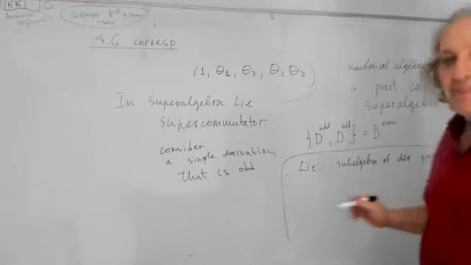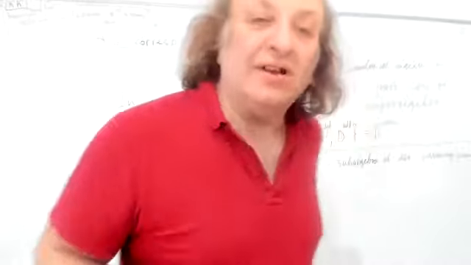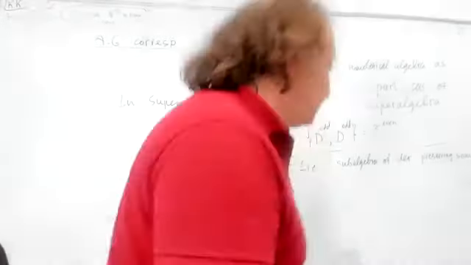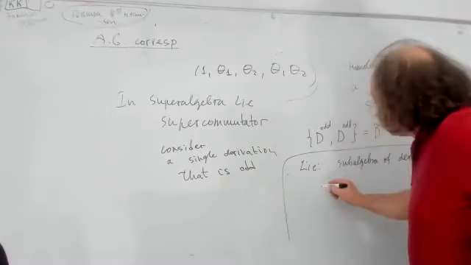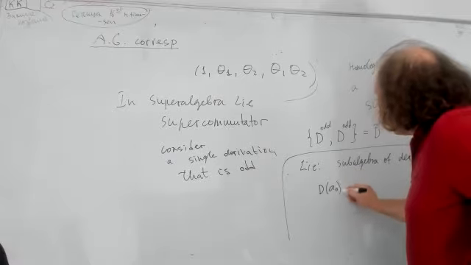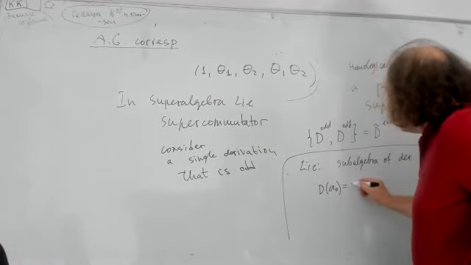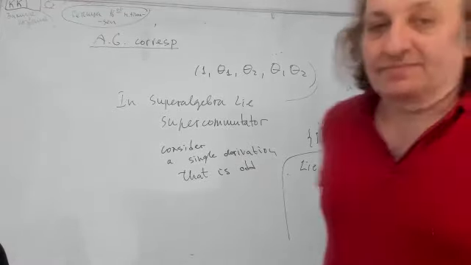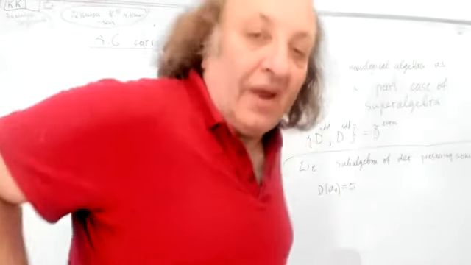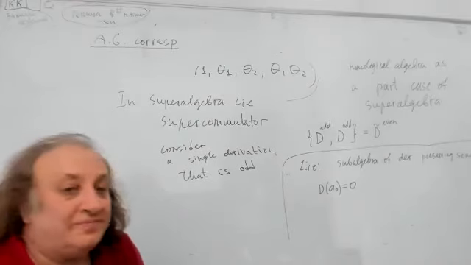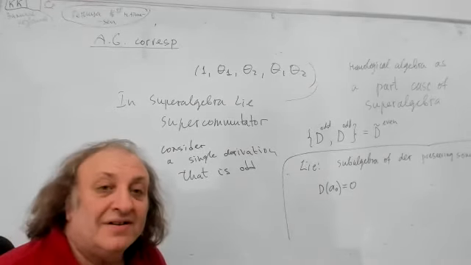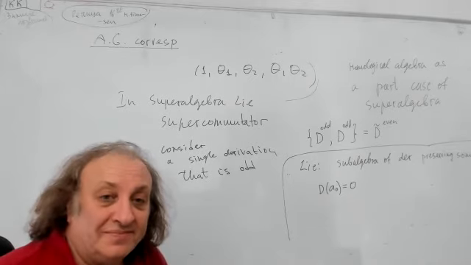You may ask, what does it mean, derivations preserving something? You may consider D that preserves A naught. So may I ask you to interpret this in geometrical terms?